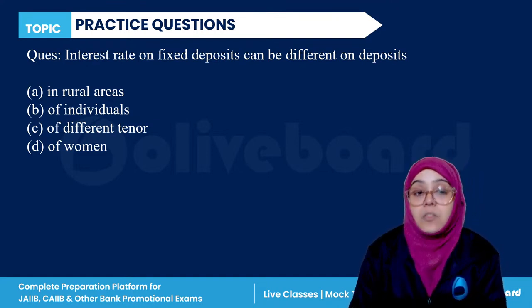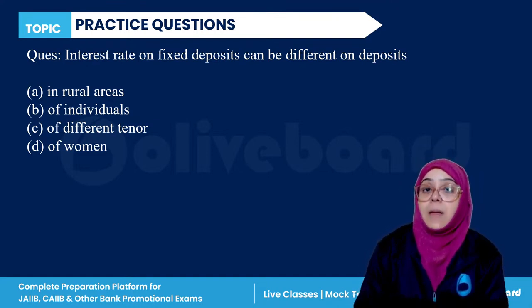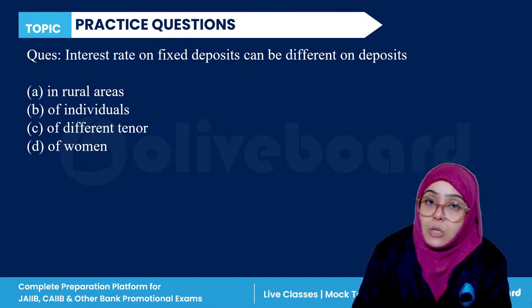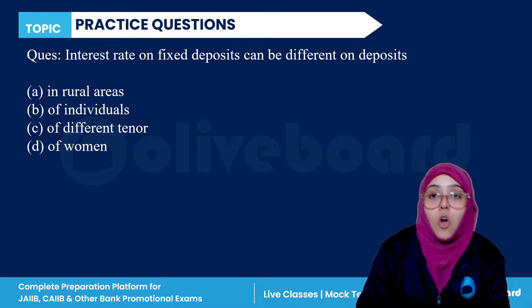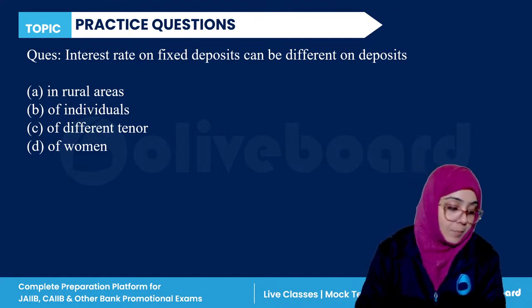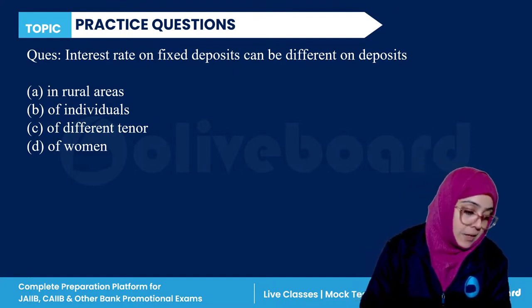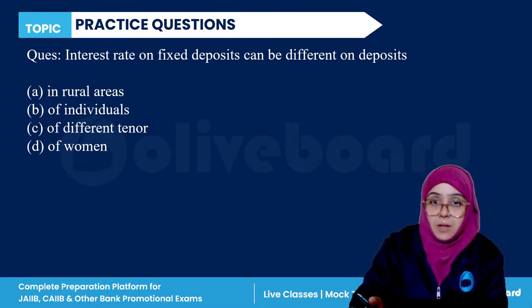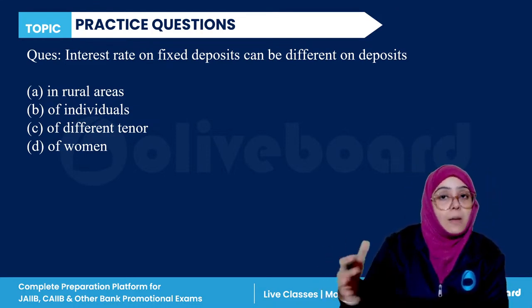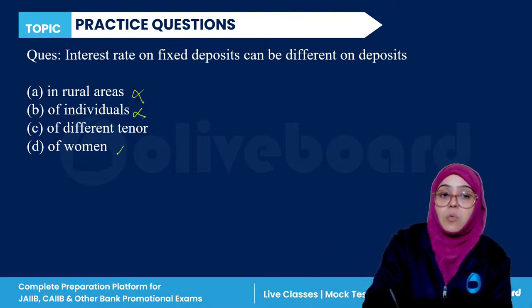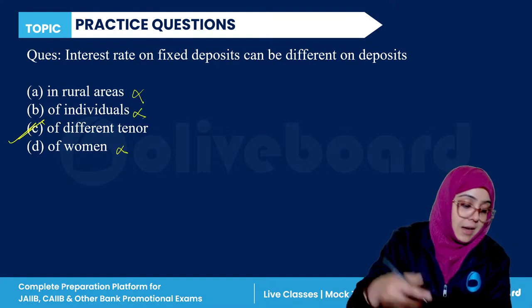Very easy. So if they have different time periods, their interest rate can be different, right? It doesn't depend upon rural areas, individual, or women. So C is the correct answer.